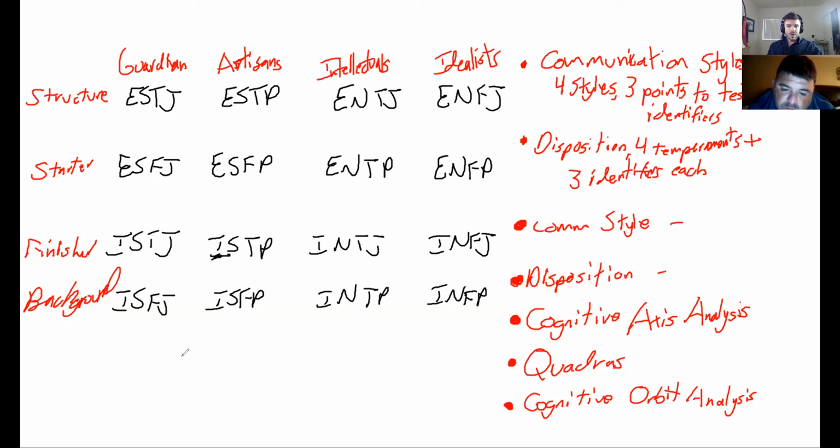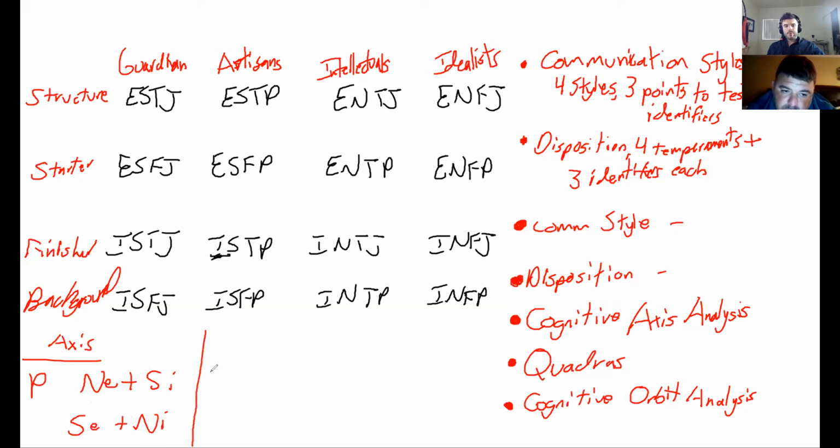Well, actually, let's talk about cognitive axis and quadras and then cognitive orbit, right? So cognitive axis, and for perception functions, we have NE plus SI, and then we have SE plus NI, okay?